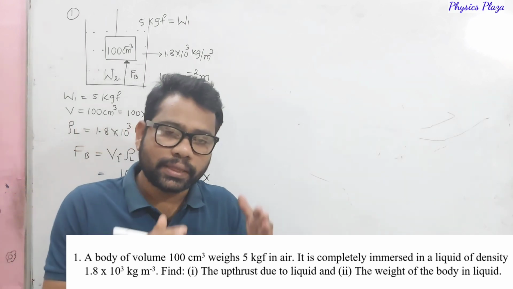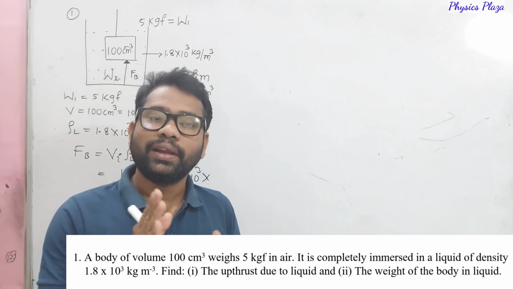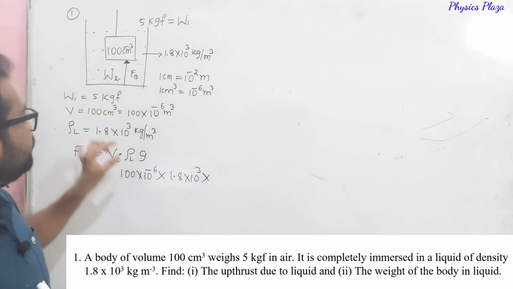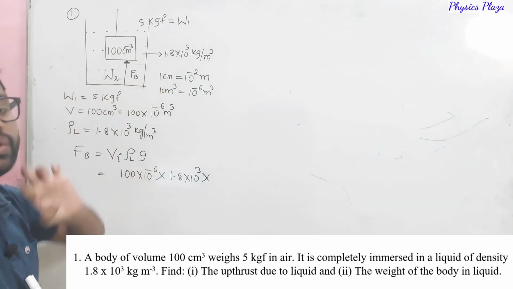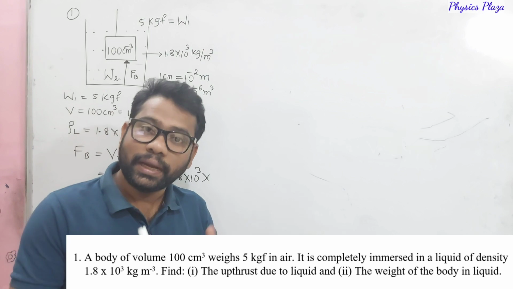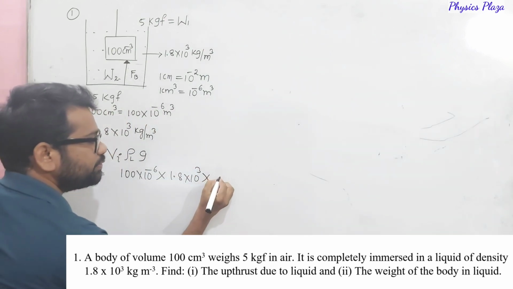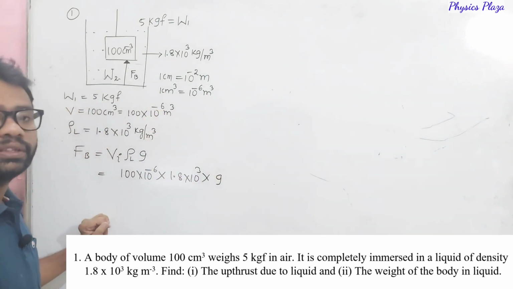If you substitute 9.8 or 10 you will get the answer in Newton. But here the weight of the solid in air is given in kgf, so if you want the answer in kgf, let it be g only.